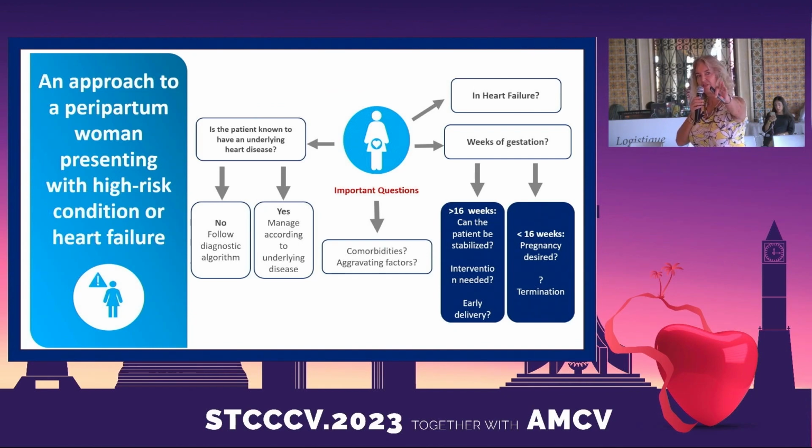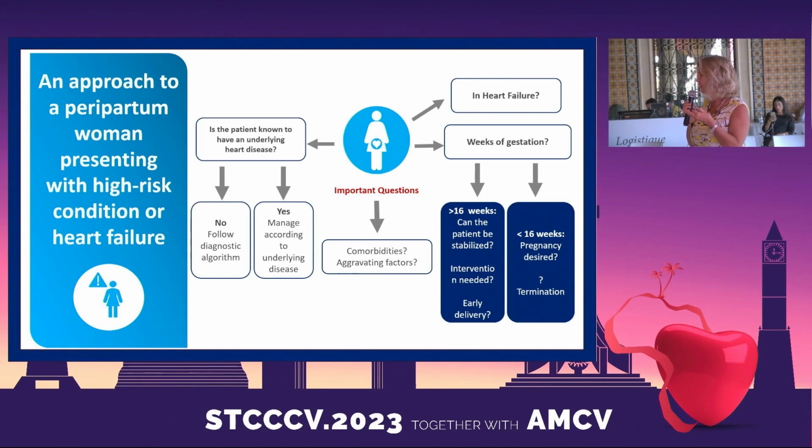If the patient is less than 16 weeks of pregnancy, it depends on the country, but in South Africa, if the patient is less than 16 weeks of pregnancy and has signs of heart failure, we recommend termination, irrespective of what the cause is, because it's unlikely that you can go through, let's say, 32 weeks. It is, in our experience, rarely possible.